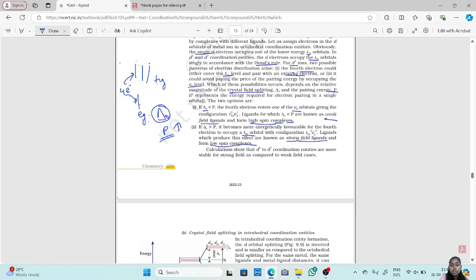Calculations show that d4 to d7 coordination entities are more stable for strong field as compared to weak field. So from d4 to d7, when there are 4 to 7 electrons in the d orbitals, the coordination entity is more stable in strong field compared to weak field.